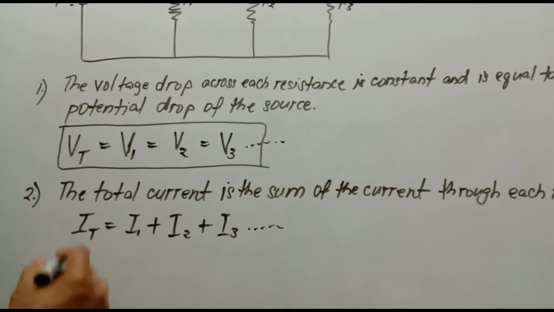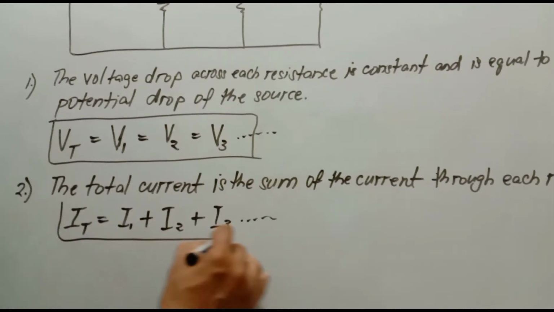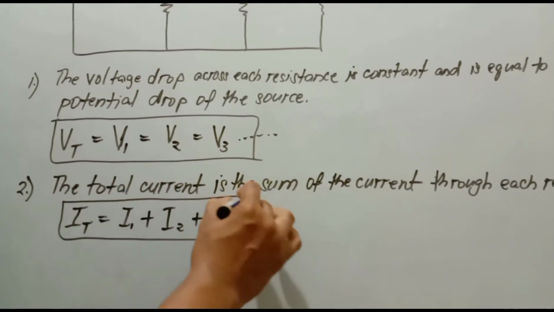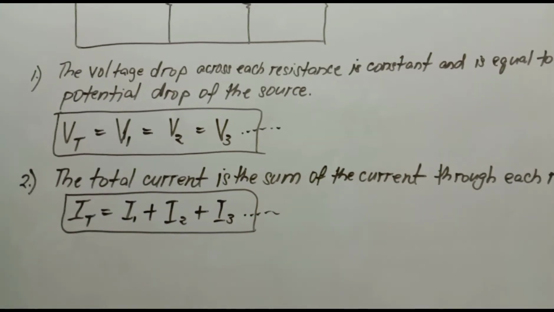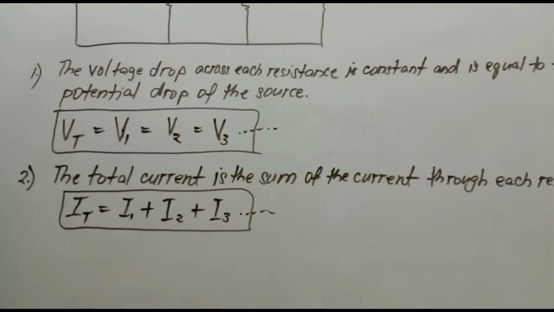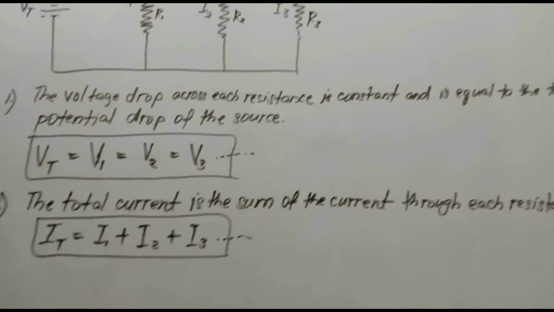So take note of this expression, guys. For parallel connection, the total current is the sum of the currents through every resistor.